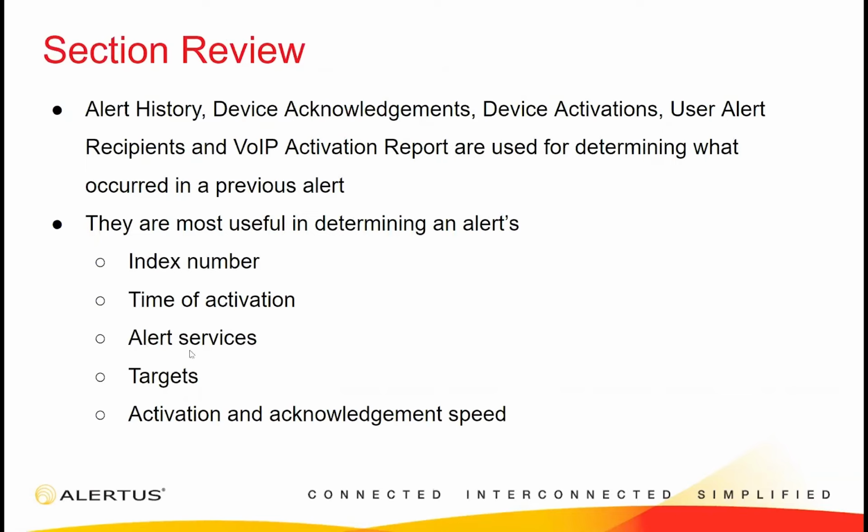We can reference all of that using these reports right here. And we can also correlate its activation and acknowledgement speed by using the device activations and acknowledgement reports respectively. So this section's really good for getting a picture of what happened when an alert was sent and trying to troubleshoot individual issues with previous alerts.